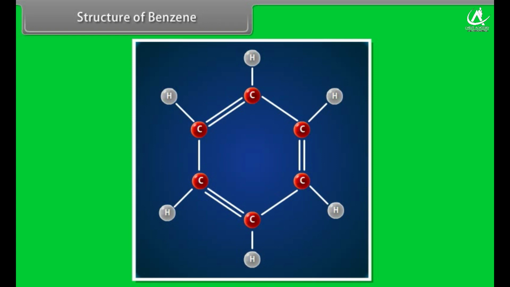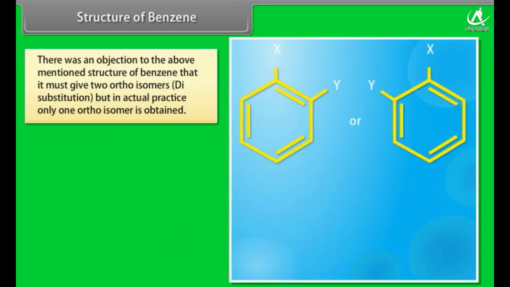There are 3 alternate double bonds between C atoms to complete the 4th valency of carbon. There was an objection to this structure that it must give 2 ortho isomers on disubstitution, but in actual practice only one ortho isomer is obtained.